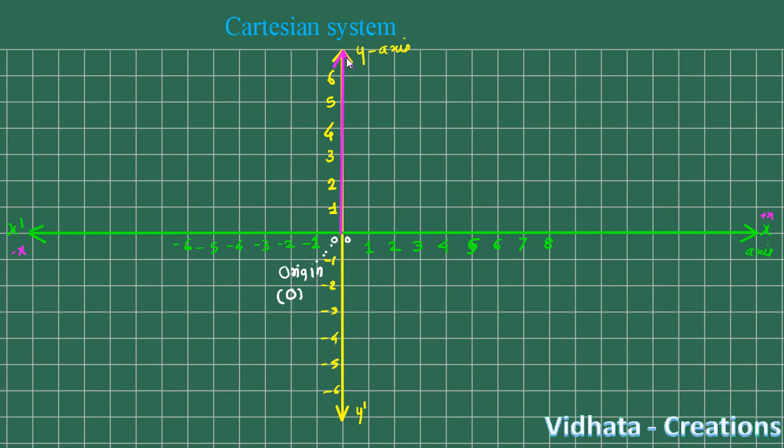So I will write over here plus y, positive y. Now where will the negative y be? From 0, if you go downward, then it is called negative y-axis. Got it? Where is positive x, where is negative x, where is positive y, and where is negative y.